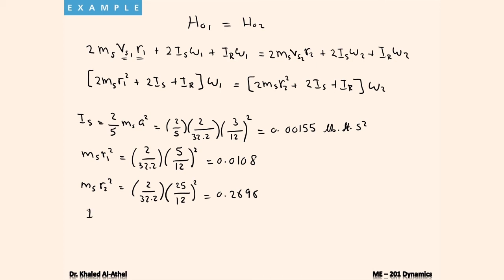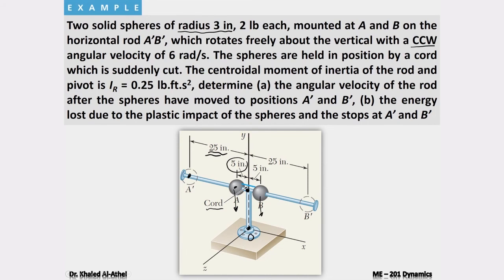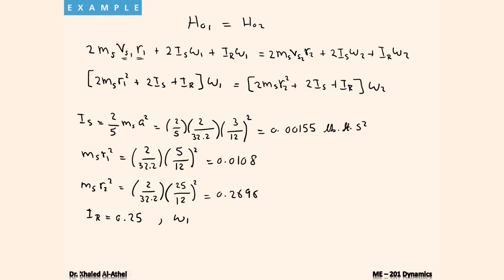IR is given in the problem directly to you. I for the T-shaped rod will equal 0.25. Okay. What else is given? Omega 1 was given, I think, in this problem. So it was given at an angular velocity of 6 radians per second. So omega 1 equals 6 radians per second.